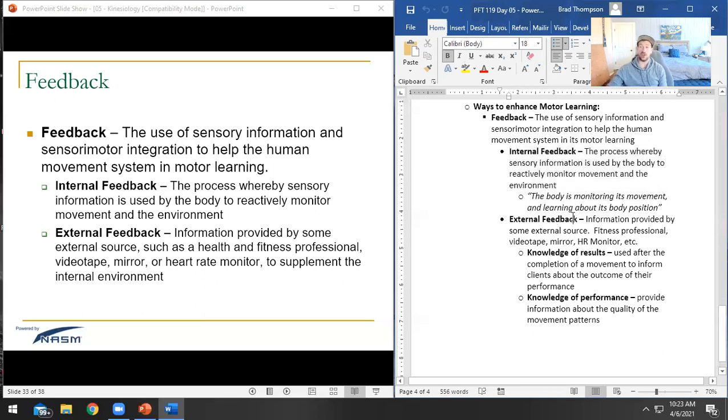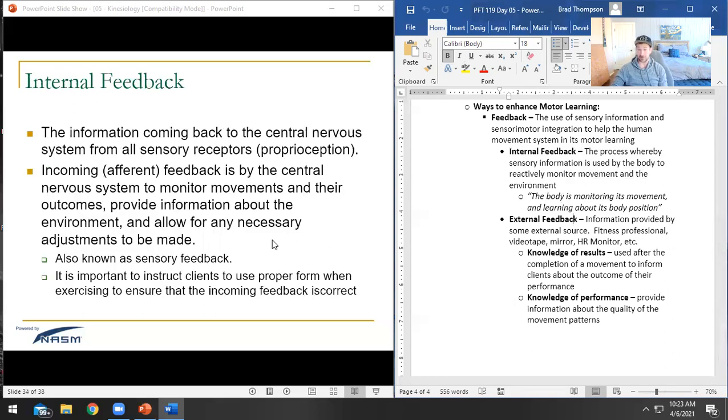And then there's external feedback. And you are a form of external feedback as a trainer, right? External feedback is information provided from some external source. If your client's using a heart rate monitor and it tells them what their heart rate is, that's external feedback, right? Versus internal feedback, where they're like, I feel a little nauseous because I've been sprinting too much. You're like, oh yeah, there's a lot of lactic acid running through my body.